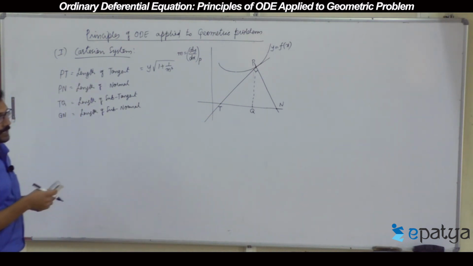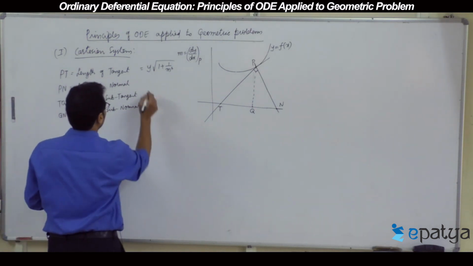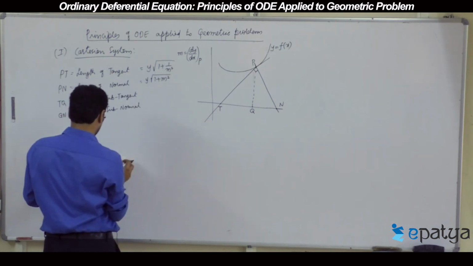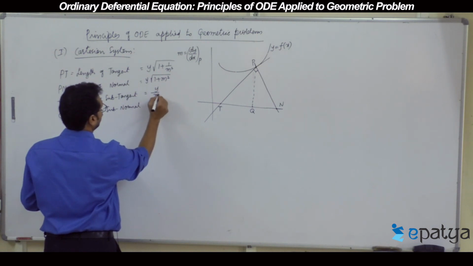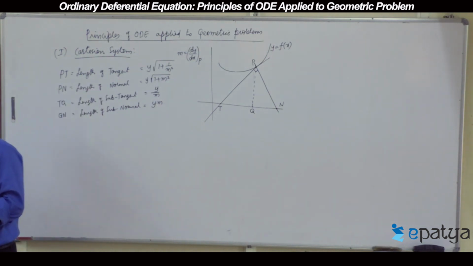So the length of tangent is y root of 1 plus 1 by m square. Length of normal is y root of 1 plus m square. Length of subtangent is y by m. Length of subnormal is y into m.